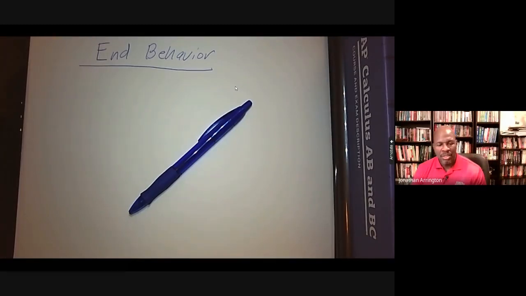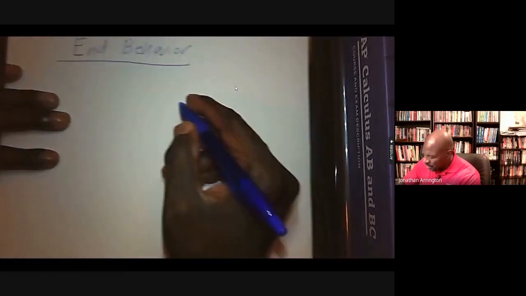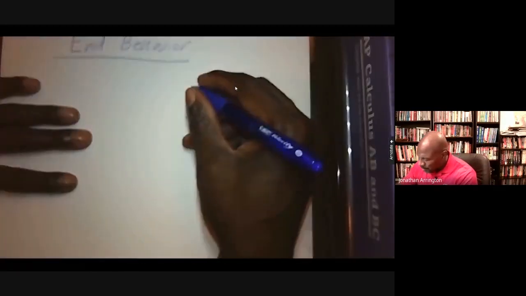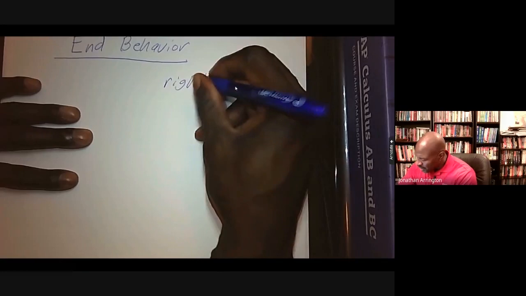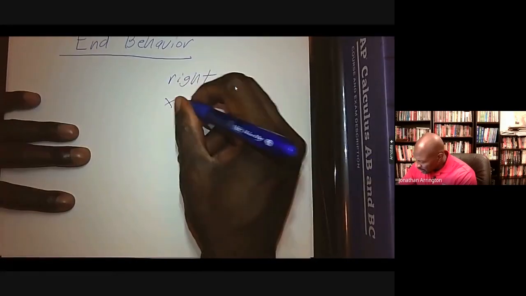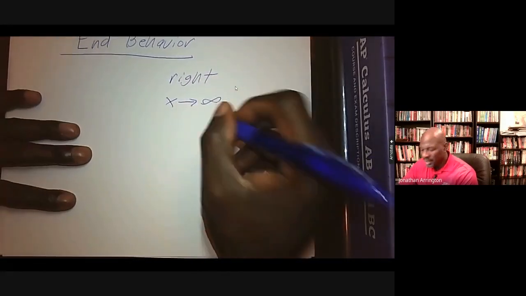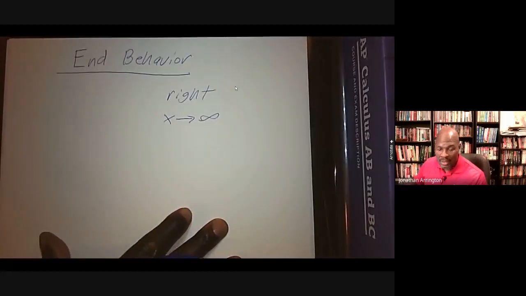In this particular notation, we utilize symbols to signify this. For instance, the right end, what happens on the far right of the graph, is denoted by x going to infinity. And that should make sense on a number line.